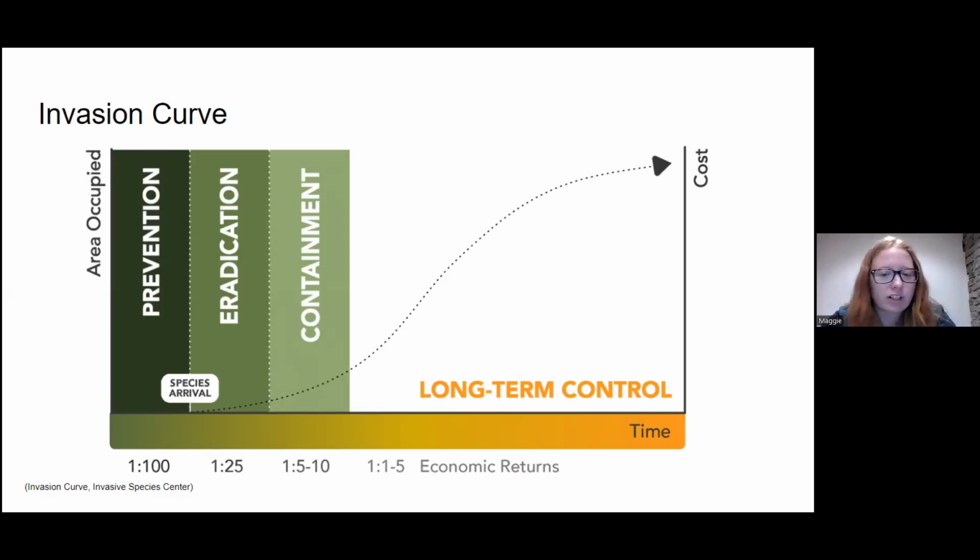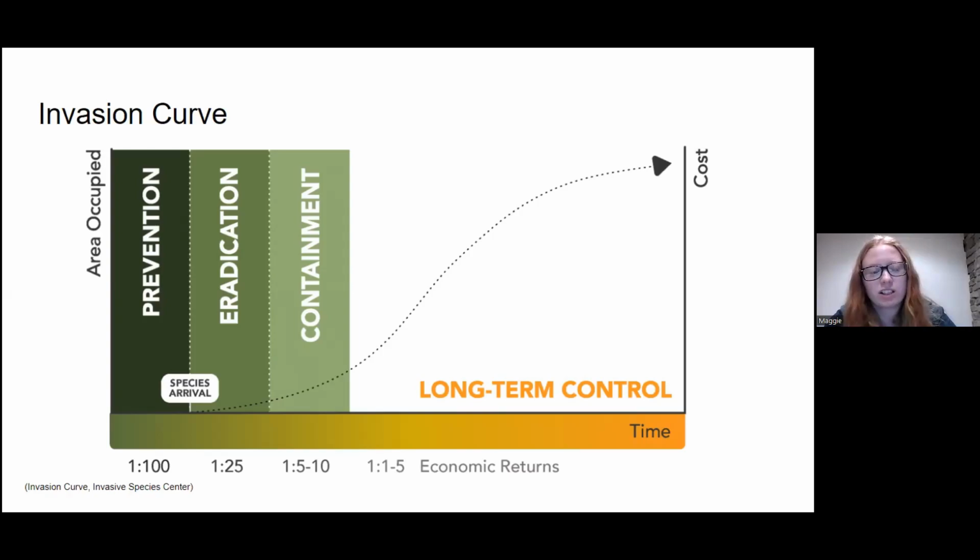For example, if there's a really unique species at risk plant or something like that that you don't want the invasive species to invade, then it's more of controlling the population so it doesn't keep on growing and reaching those areas that you don't want it to. And the longer it goes on, obviously the more it costs too.